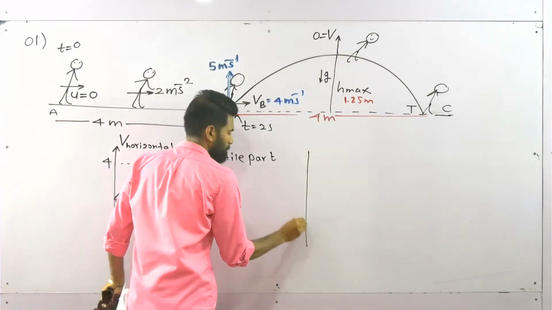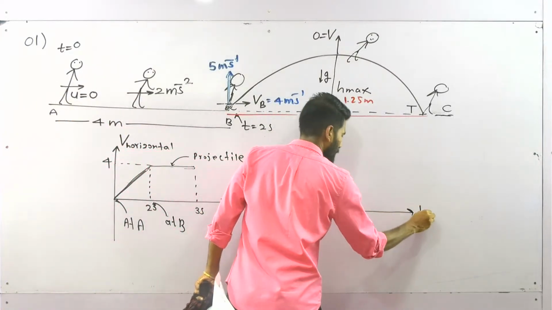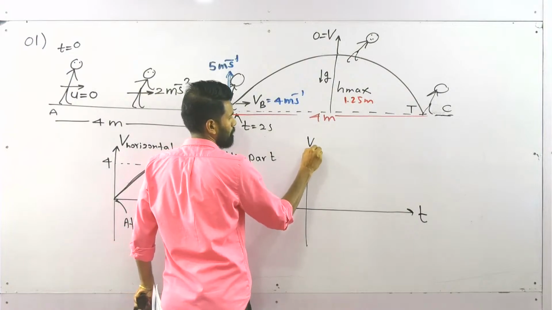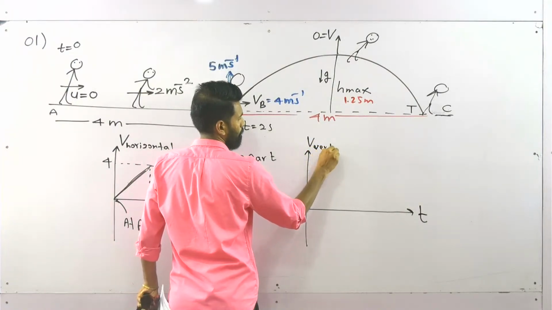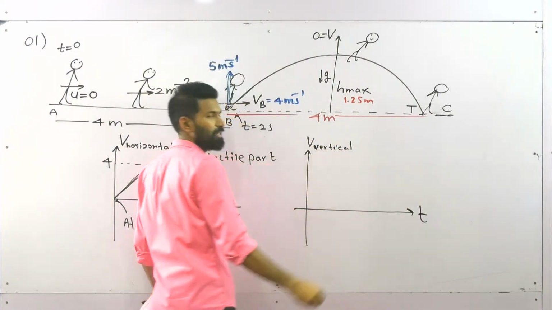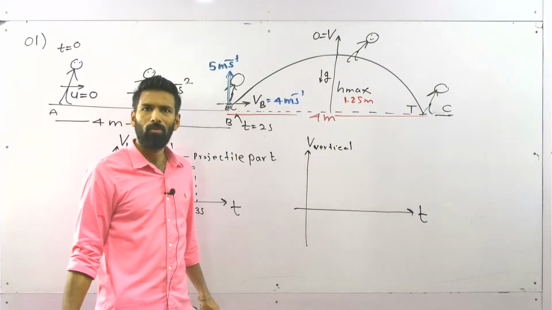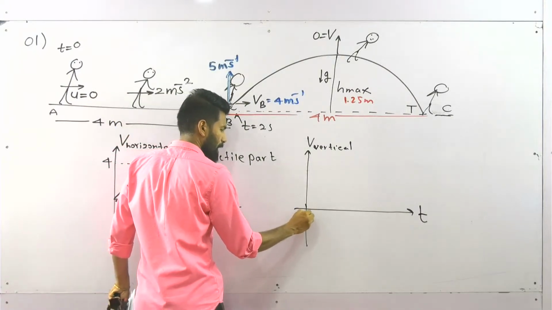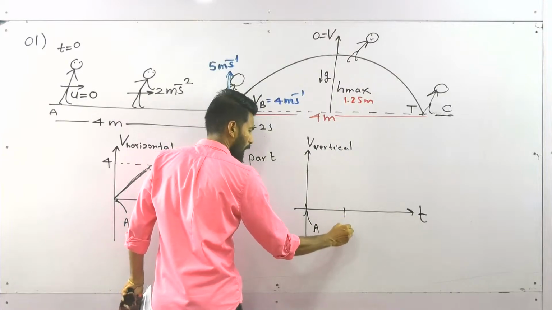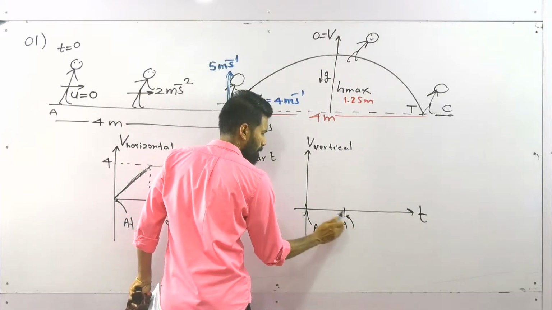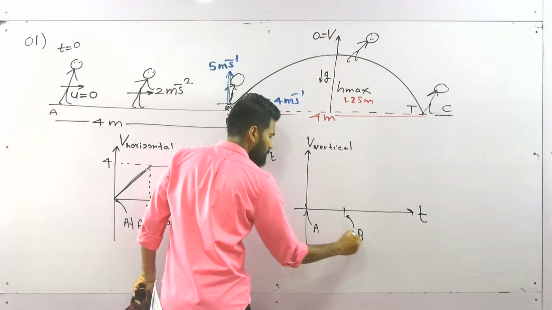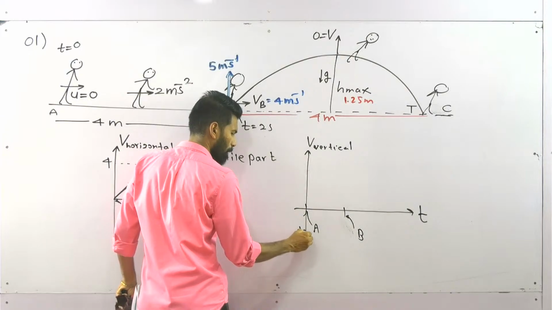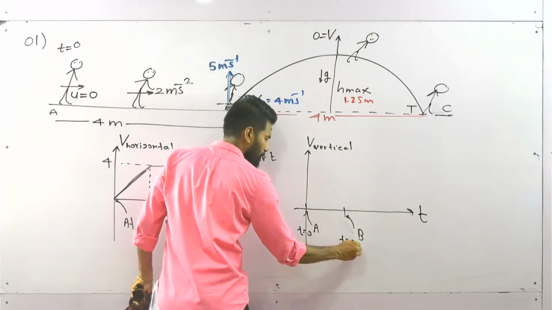Okay, let's draw her vertical velocity component. What happens to the vertical velocity component from A until she reaches point B, that means from t equals 0 to t equals 2?